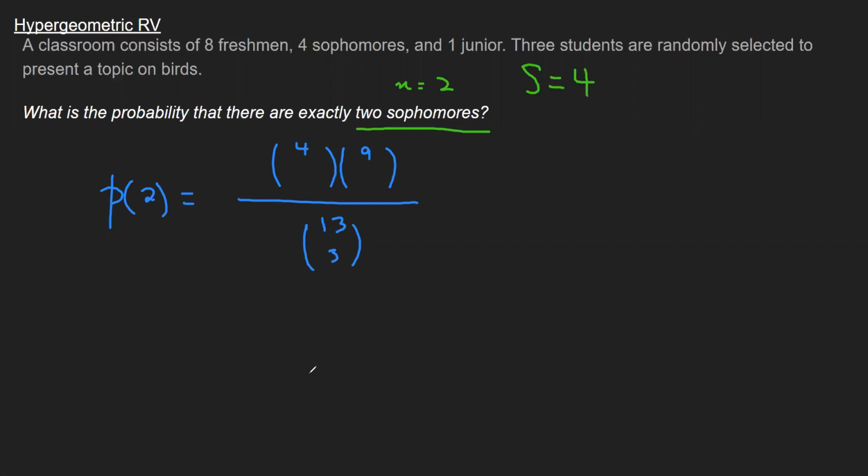We want exactly 2. So in this case, 2. I'm still picking 3 total, so that means I have to have 1 student. And again, I don't particularly care if the student's a freshman or if the student's a junior. All right, I just want to make sure that my group has exactly 2 sophomores. And that's basically it. This is how we plug it into our formula. And again, plugging it into my calculator over here, I'm looking at almost 20 or almost 19% here. And that is it.